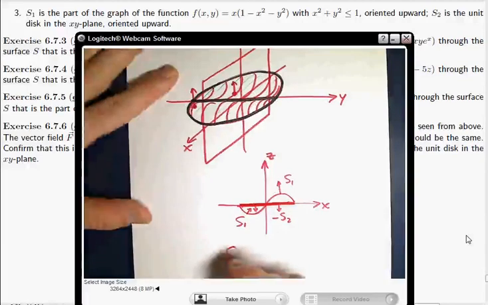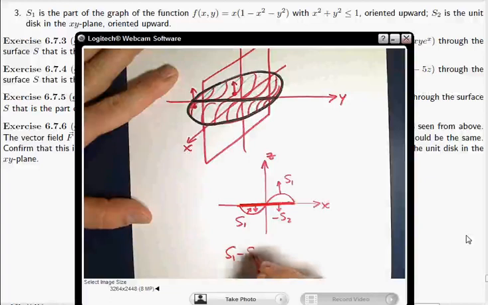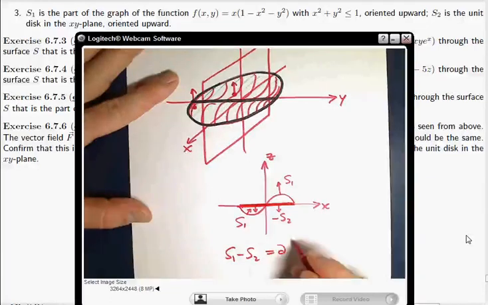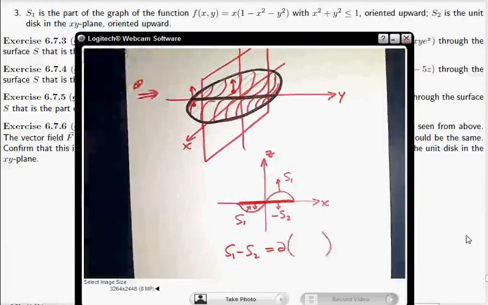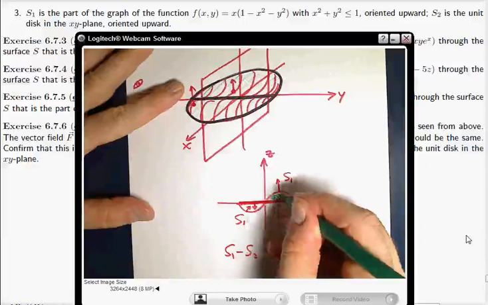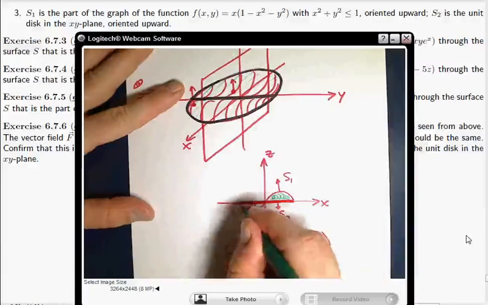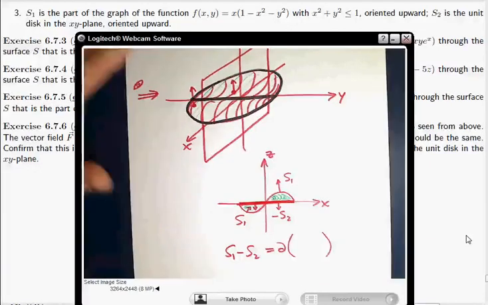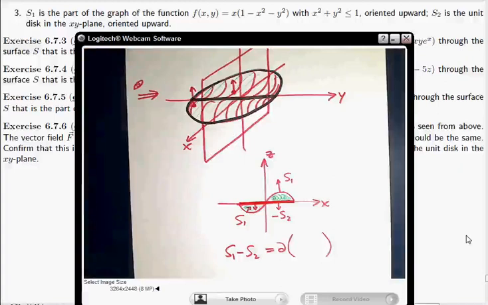So when I talk about S1 minus S2 as being the boundary of something, I can sort of draw what it's the boundary of, and you can see we've got this little something there and this little something in there. We just have to be careful about what we call these pieces and what orientations we have to put on them.